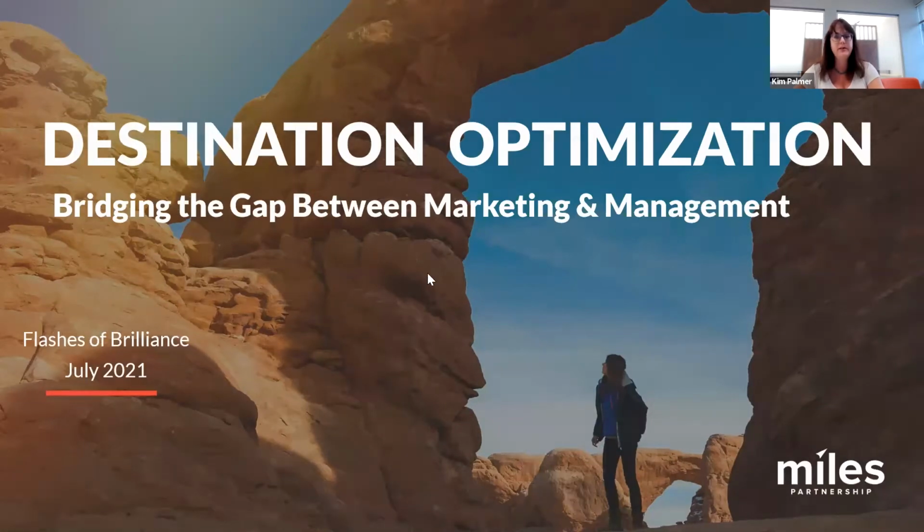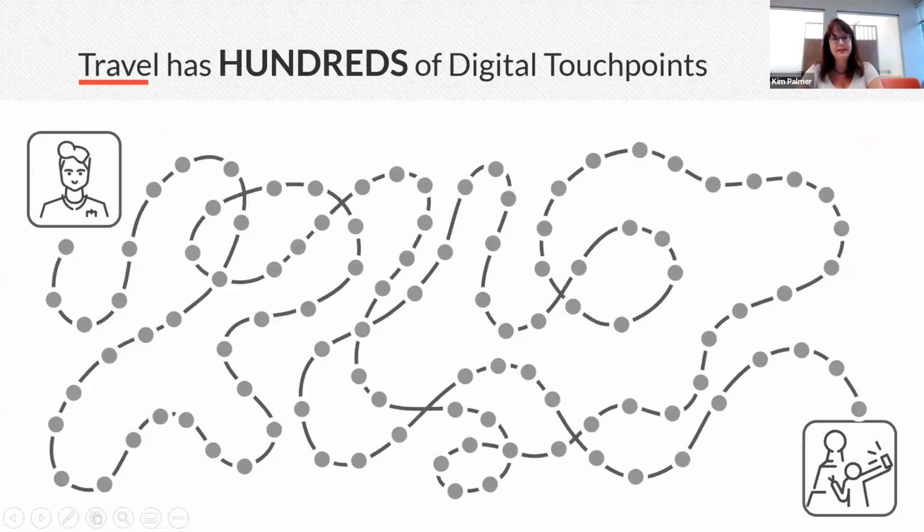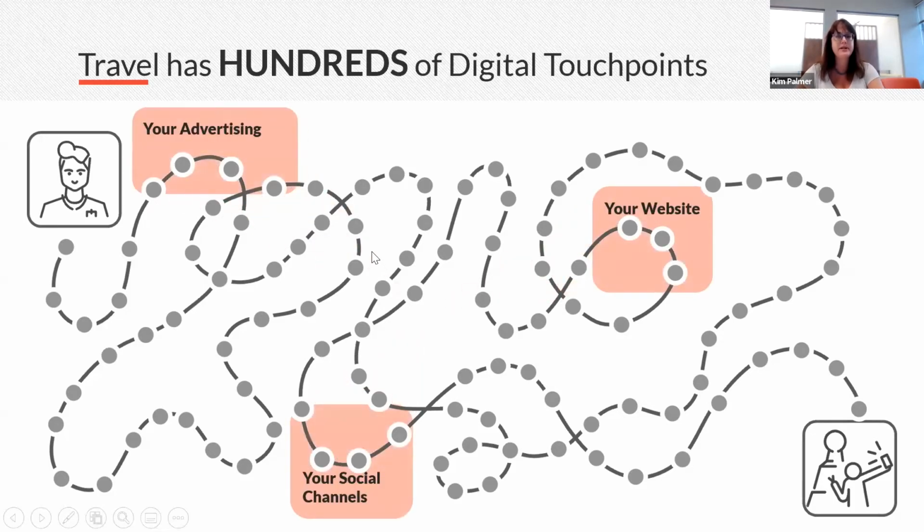Now, our travel planning research looks a little bit like this. Travelers tend to have hundreds of digital touch points over the course of choosing their destination, making their travel planning arrangements, and actually experiencing your market. Well, a lot of those touch points are ones that you control: your website, your advertising, your social media channels, and even your earned media.